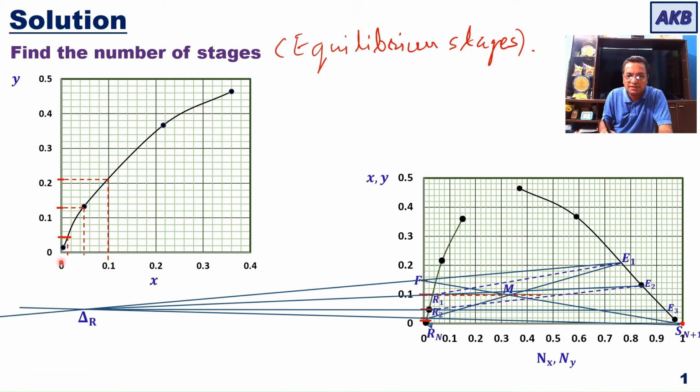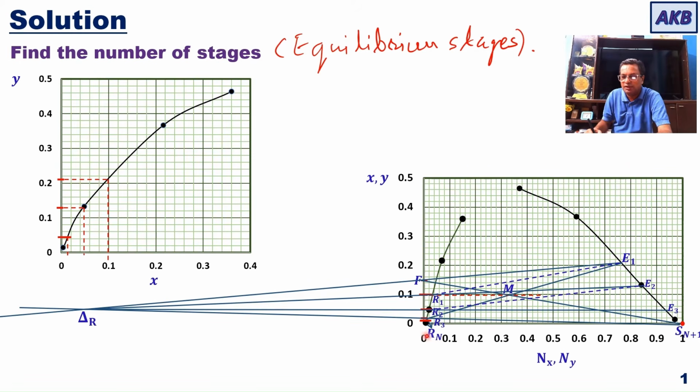In this case, x3 is 0.005. Sorry, it is 0.01. So I will locate that x. So 0.01 is over here.